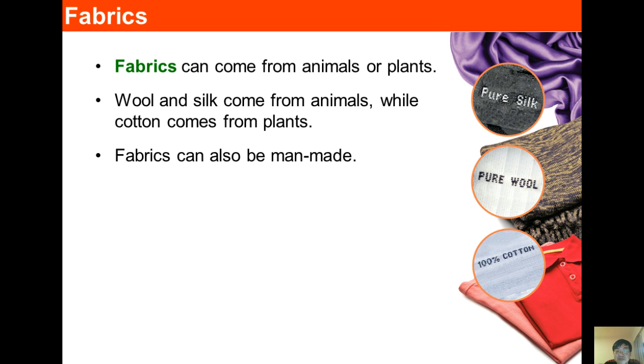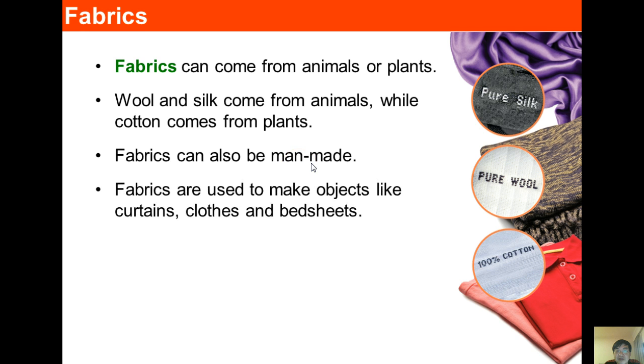For example, some canvas, when you pitch a tent, some of these tents are made from man-made fabric, almost plastic fabrics. Fabrics are used to make objects like curtains, clothes, and bed sheets.